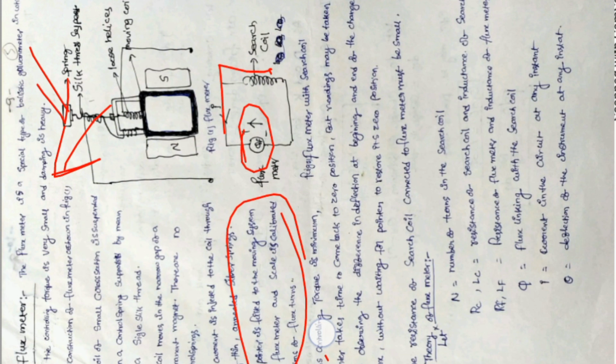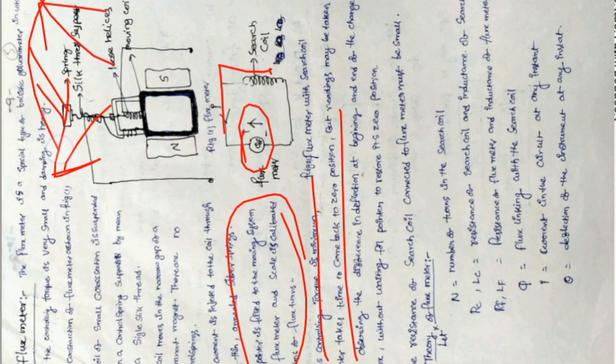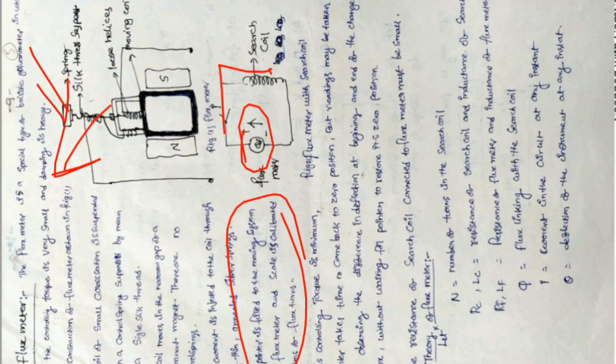As the controlling torque is minimum, the pointer takes time to come back to zero position. What is the purpose of controlling torque? To move the pointer from the final deflected position back to zero. Suppose the pointer moved due to some flux; it would then return to zero due to the controlling spring, but the spring is absent in the flux meter.